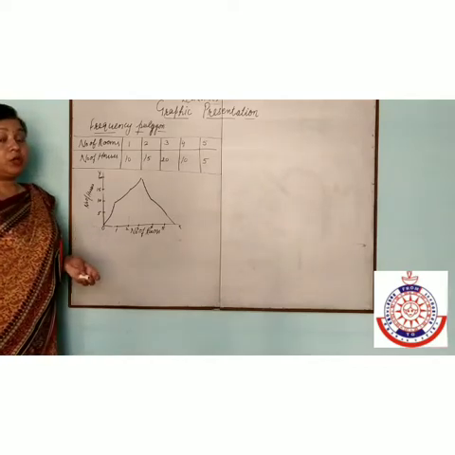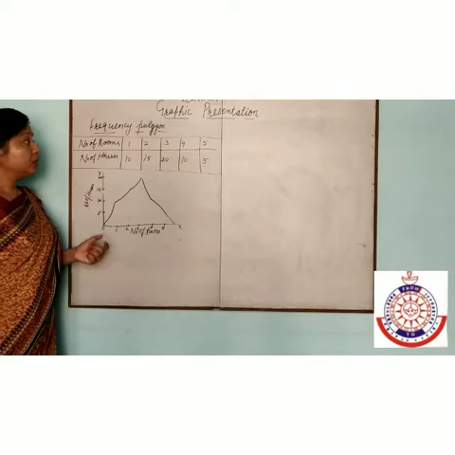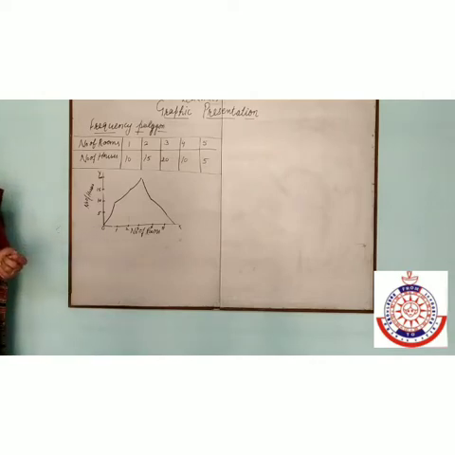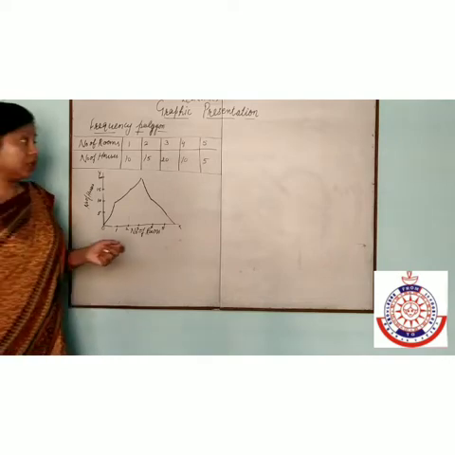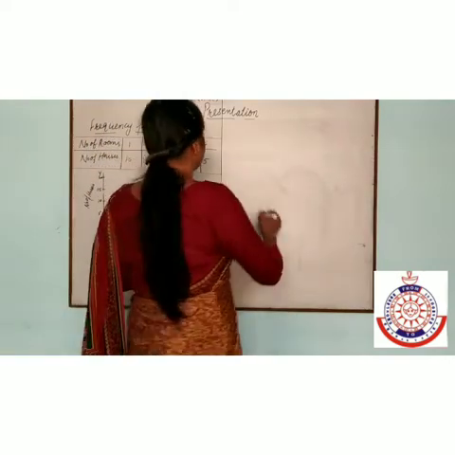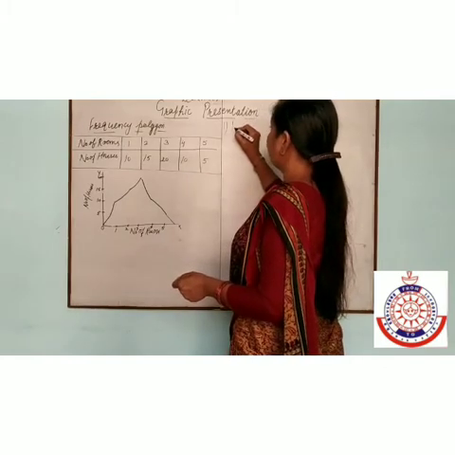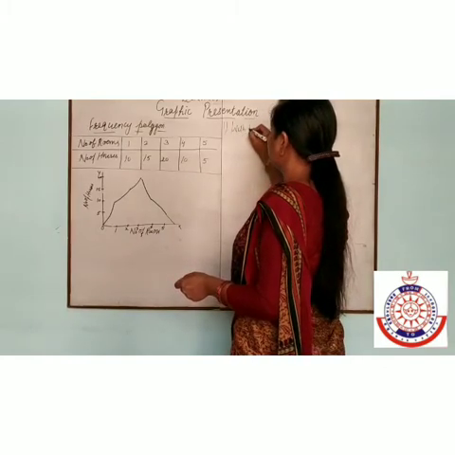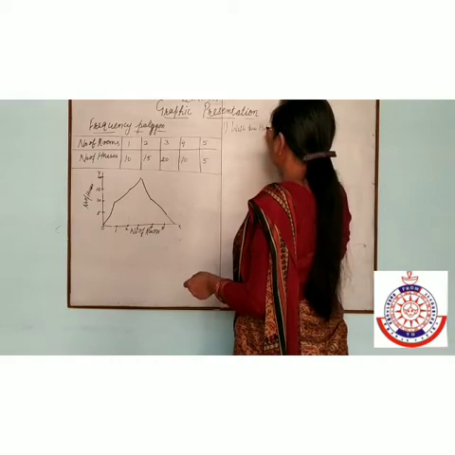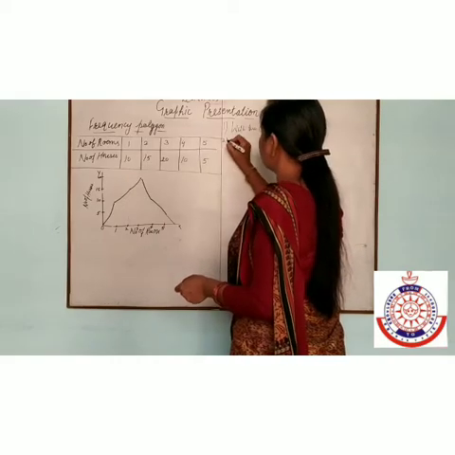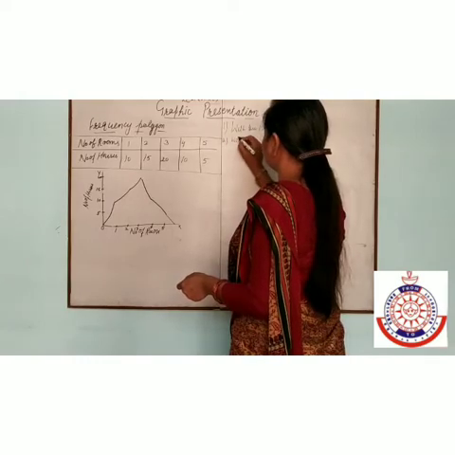Frequency polygon can also be made with the continuous series. How can we make the frequency polygon in a continuous series? In continuous series, we can make the frequency polygon with a histogram, and second is without a histogram.